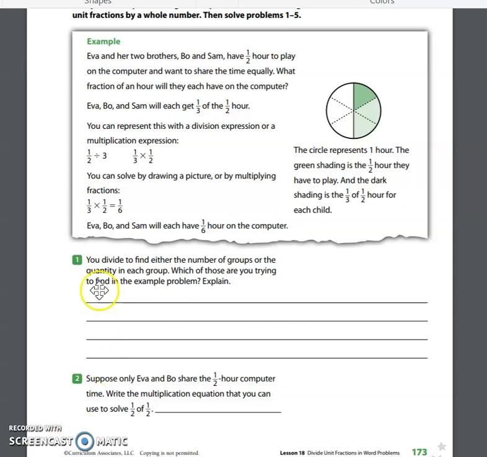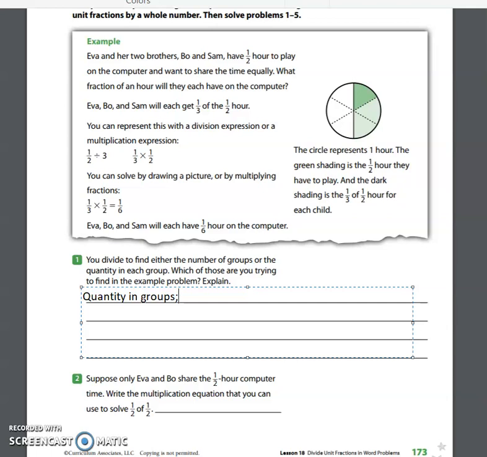So here in this equation, before, remember, it was asking us the amount of time that each of the brothers as well as Eva would have on the computer. So we're trying to find out the amount of time, which means we're trying to find the quantity. We want to find the quantity. So for my answer, I could say quantity in groups.